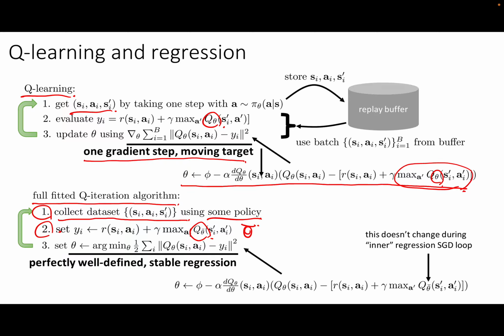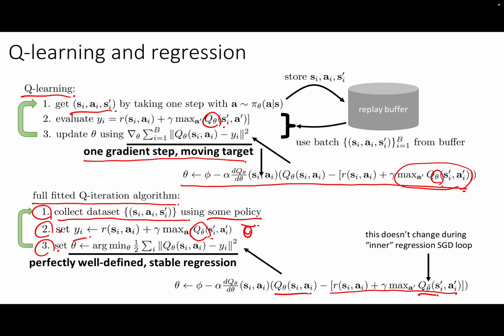The third step is the same: we update theta by minimizing this loss function. But the important thing is that the target is not from theta, but from theta bar. Here, theta is the current one, and theta bar gives the target.